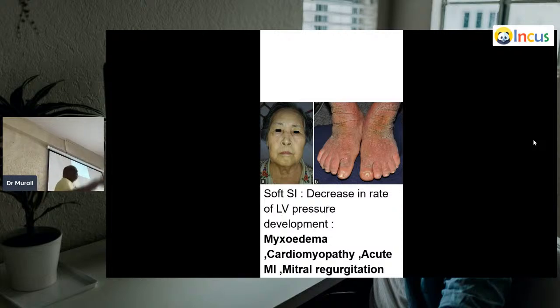So will it yield to Russia easily? No. So will the pressure crossover occur fast? It gets delayed. Because of that, are you hearing bomb sounds? No, it's a soft valve. Soft S1. Right? Similarly cardiomyopathy, myxedema, and so on. That's good.